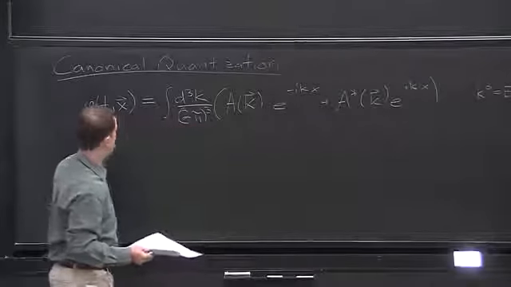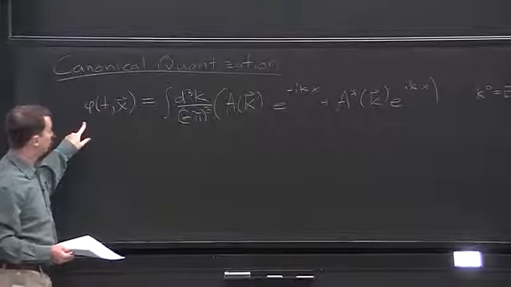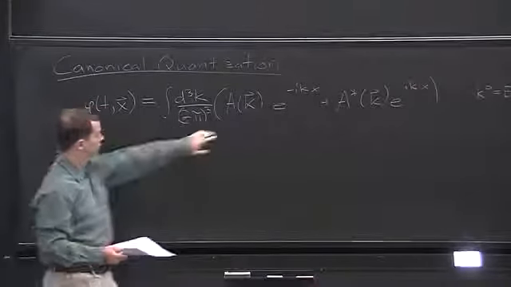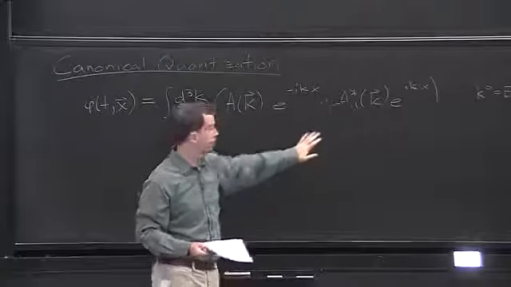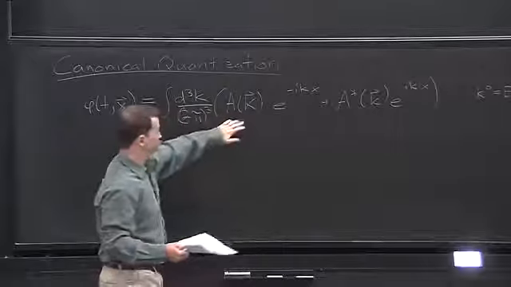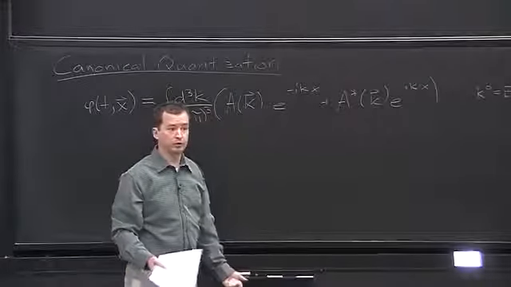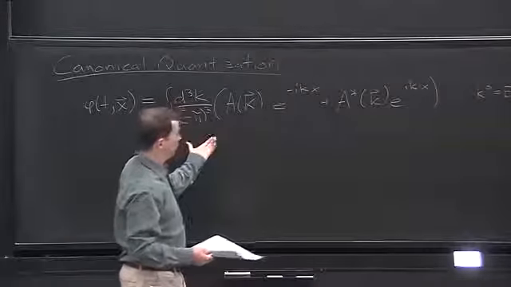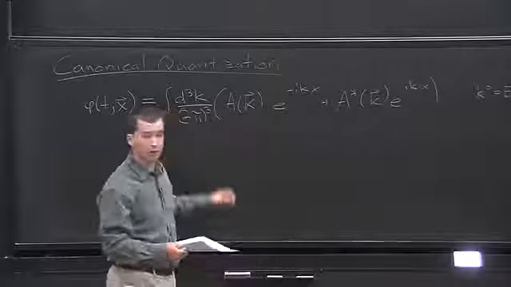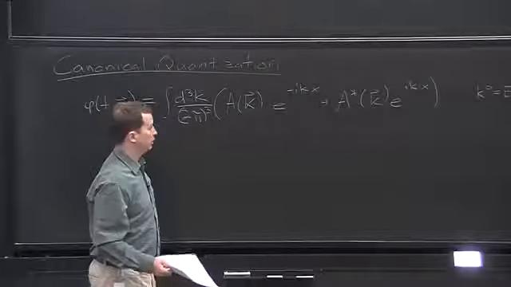It will mean that when we promote the field to an operator, these a's and a-stars will get promoted to ladder operators. With this normalization, the ladder operators will create states that are not Lorentz covariant. So if we directly quantized using this mode expansion, there will be a bunch of extraneous factors that we'll have to keep track of.